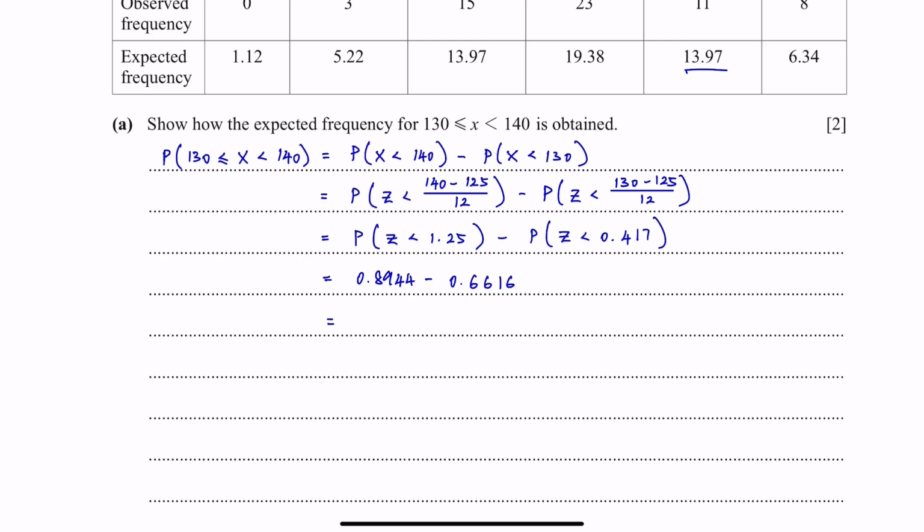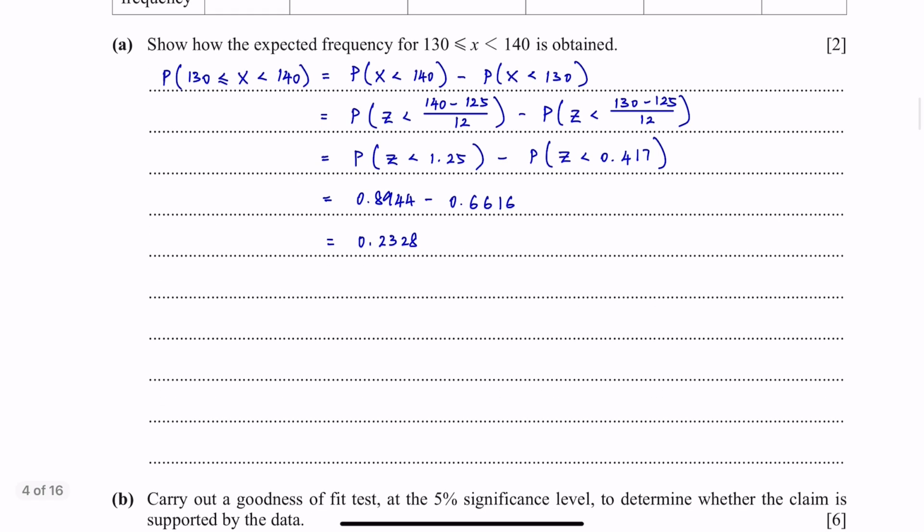Alright, so the difference would be 0.2328, and we take this value to find the expected frequency, which is 0.2328 times 60, the number of samples, and we would get 13.968, which is roughly equal to 13.97.